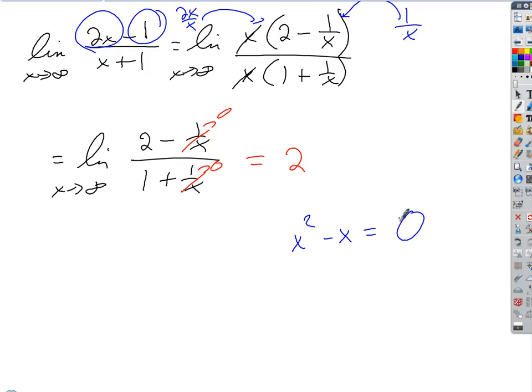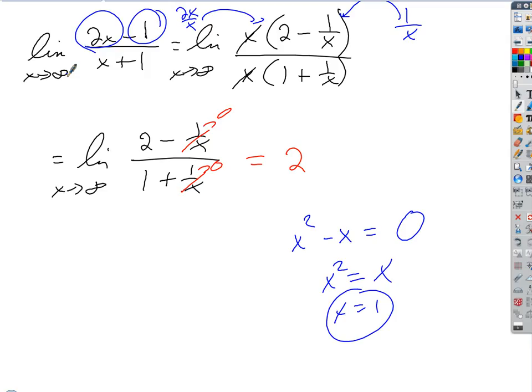Sometimes people say we could add x to the other side and get x squared equals x, and then divide both sides by x and get x equals 1, but then we lost the solution 0, because 0 works also. So you can't be careless about canceling variables, but this is a case where you can, because all we're trying to do is see what the function does way out there, and get an answer for what's the limit.